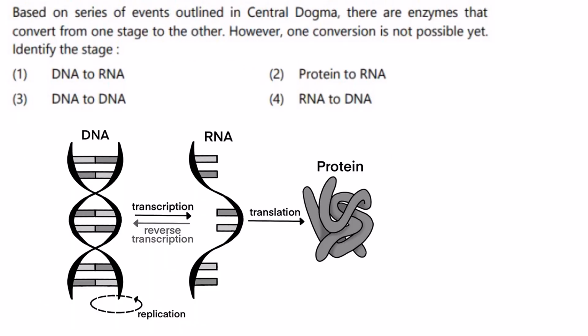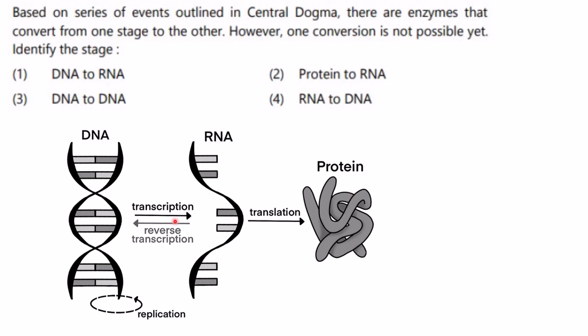Then next one. Based on the series of events outlined in central dogma, there are enzymes that convert from one stage to another. However, one conversion is not possible yet. Identify the stage. So central dogma is DNA to RNA and then to protein.